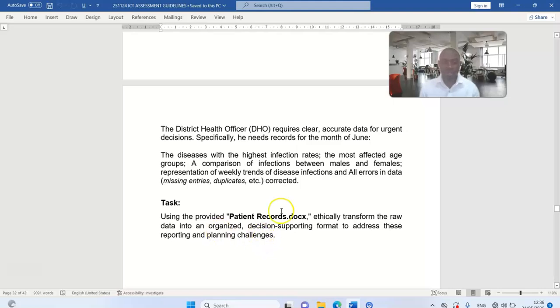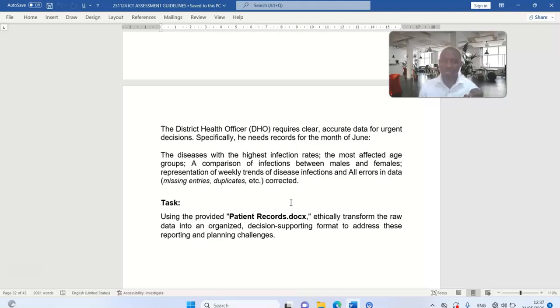So within here, we want to see that student using Excel to come up correctly with the information that can show us the weekly trends. That means you have to use charts, which can show the comparison between males and females. That means the student must know how to sort and filter.